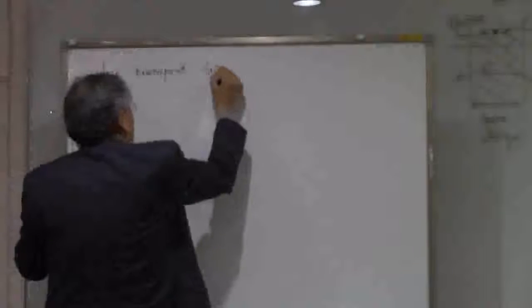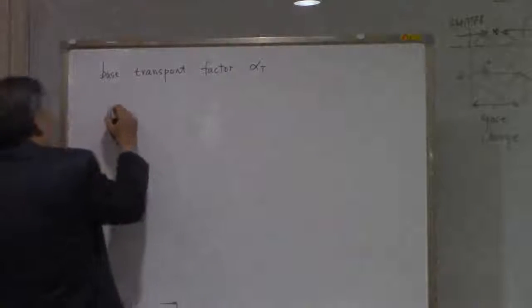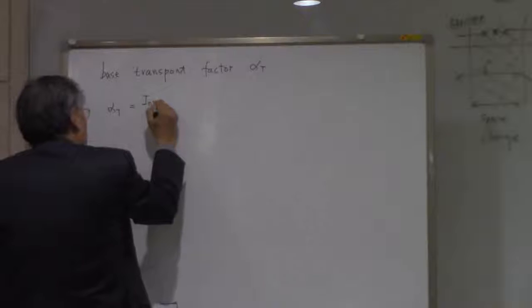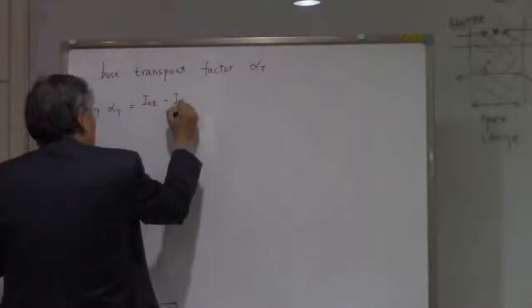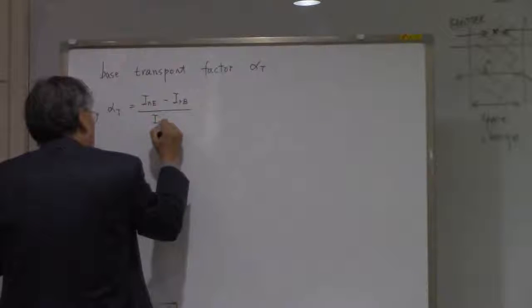Okay. We can deduce the base transport factor. That is alpha T, and alpha T is going to be the ratio of the collector current to the emitter current, minus reverse INE.